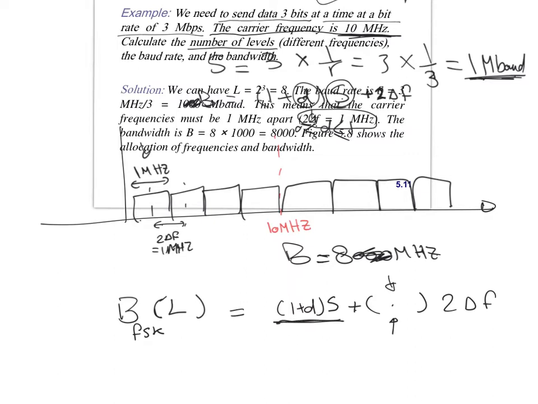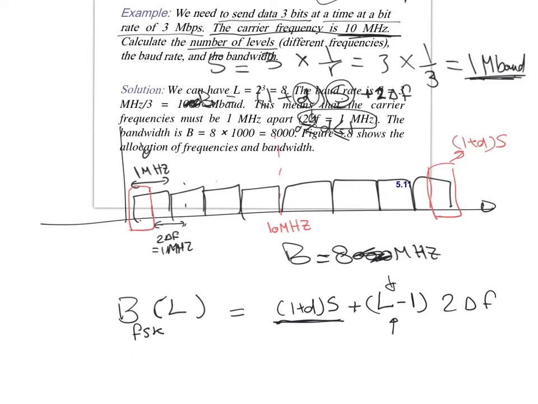So 8 and 1 plus d times S becomes 9. So this is in fact L minus 1. Why? I'll tell you why. Because we have this part and this part here. If we add those two red ranges together, they become the bandwidth for one symbol, which is 1 plus d times S.